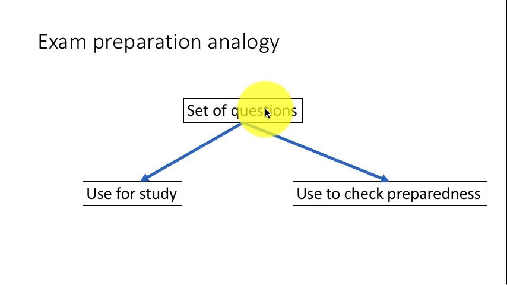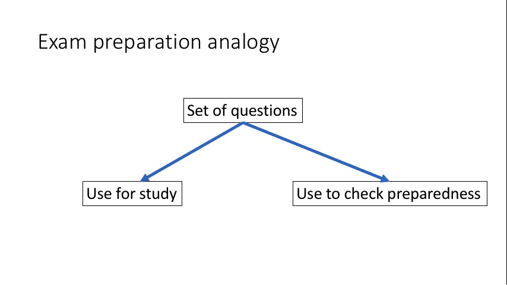So you go back to that same set of questions now, and you try to answer them without looking at the answers. Earlier you had looked at the answers, of course, but now you're answering all of those questions without looking at them. Let's say you score 95%. Now, would that be an indication that you're likely to score 95% in the real exam?